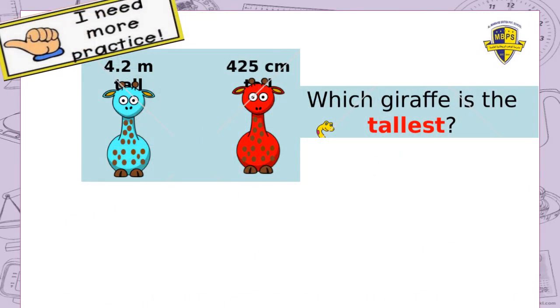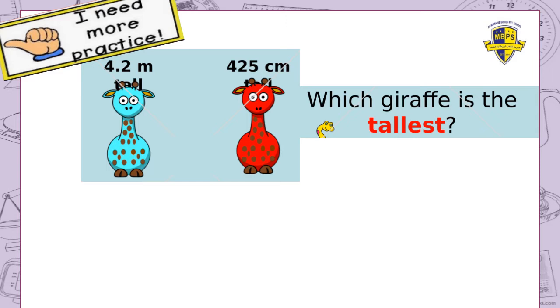Third example, what can you see here? Good, we can see 2 giraffes. One is blue, one is red. We want to know which one is the tallest one. Let's check the length for these giraffes. The first one is 4.2 meters tall.